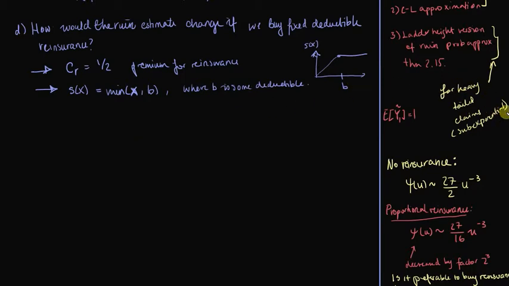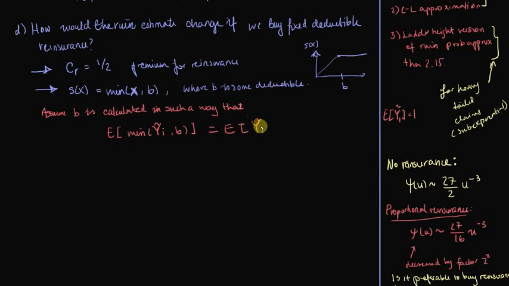Now in the exercise text, they say assume that B is chosen, so assume that the deductible has been calculated in such a way that the mean value of the self-insurance function, the minimum of our claim and B, is actually just equal to the mean value of half of the claim.